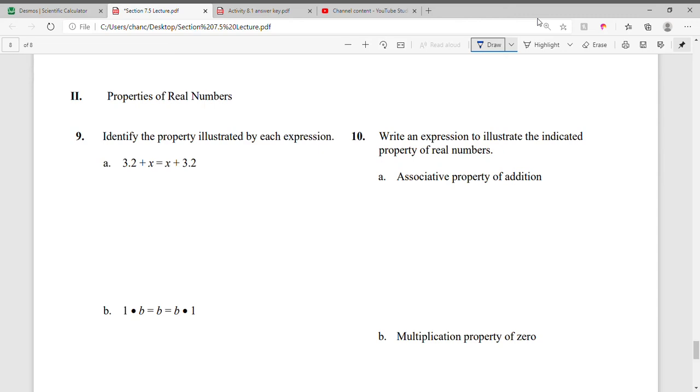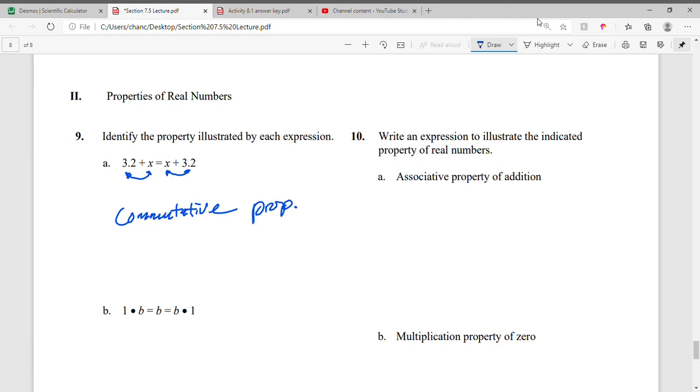For question 9, we're going to identify the property illustrated by each expression. For the first one, 3.2 plus x is equal to x plus 3.2. So it doesn't matter which order we add, it's going to give us the same solution. This is known as the commutative property.